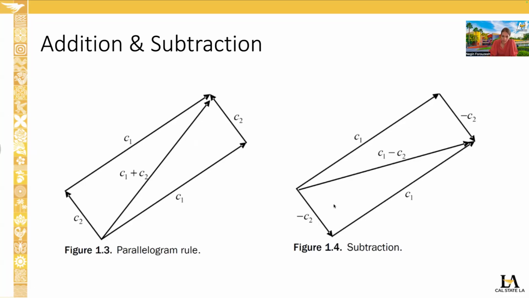And if you're subtracting C2, then you have to change its direction. So instead of going this way, negative C2 goes this way, right? So again, if you have a copy of C1 in here, and this is your C2, this is going to be the subtraction. So this is the addition following the parallelogram rule, or just the addition rule, and this is their subtraction.